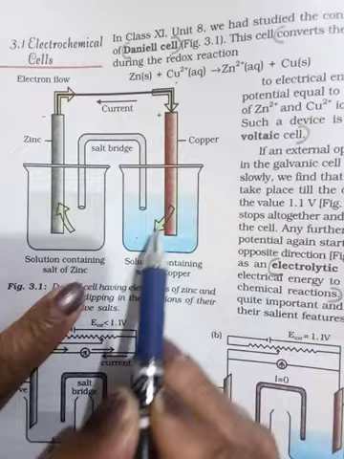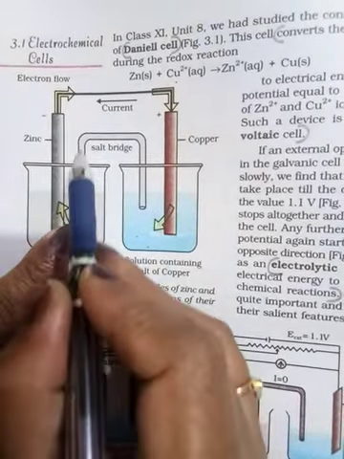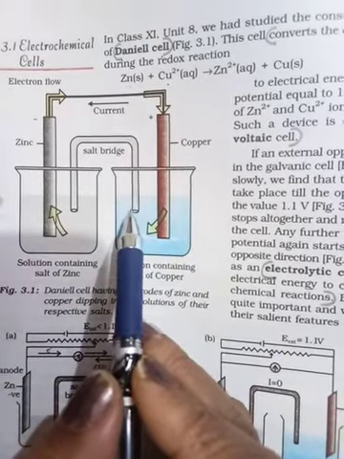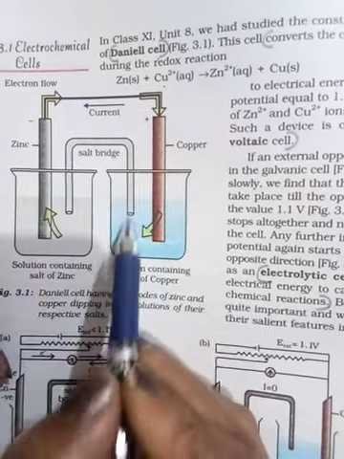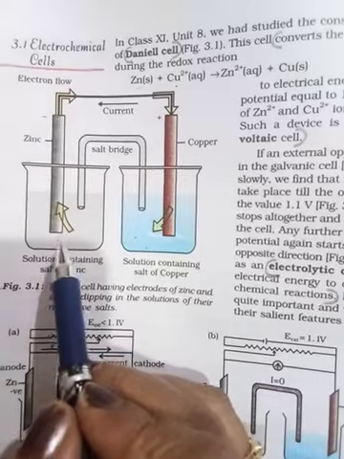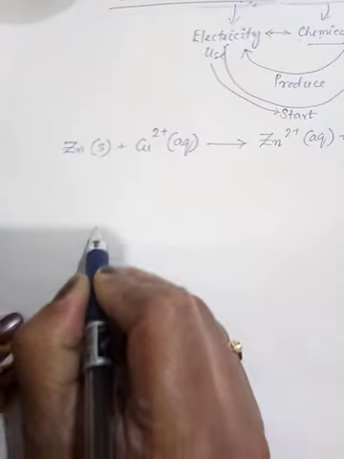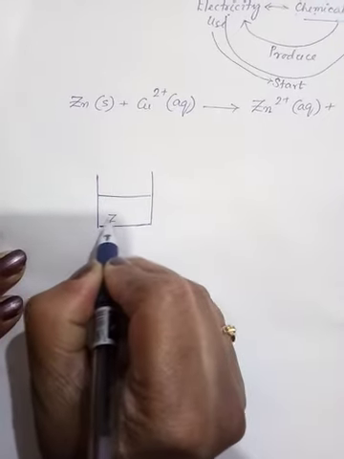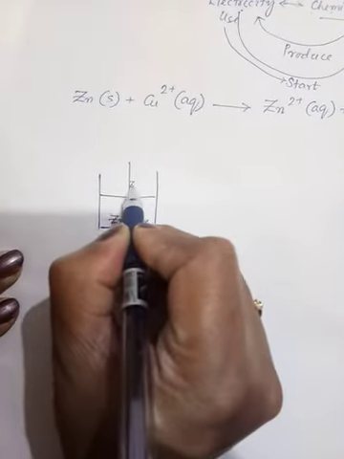You have another solution in another separate beaker, containing any salt of copper, so it may be copper sulfate, and a copper rod is dipped in it, and they are connected through an electrical wire. To maintain the flow of electrons, because the two beakers are separate, we are putting something called a salt bridge. If electrons, meaning electricity, are coming out, this maintains the flow of electrons. So if I draw the figure, this is zinc sulfate, and in this is dipped my zinc rod.